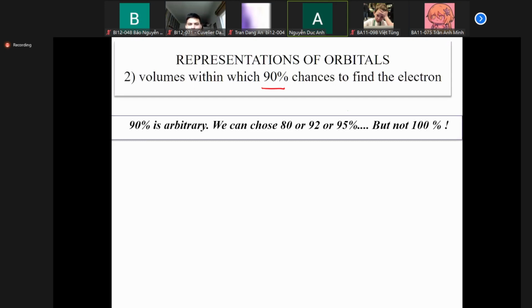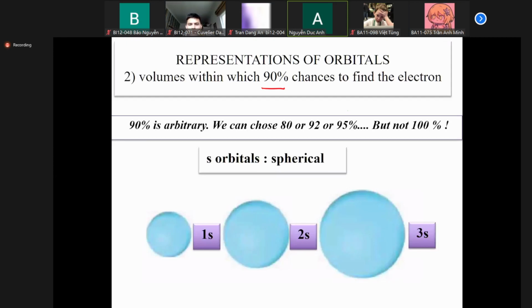It can be some other value, but it's not 100%. You cannot be sure that the electron stays around the nucleus in that area with 100%. This will never happen. Normally s orbitals have a spherical shape, with the nucleus at the center.